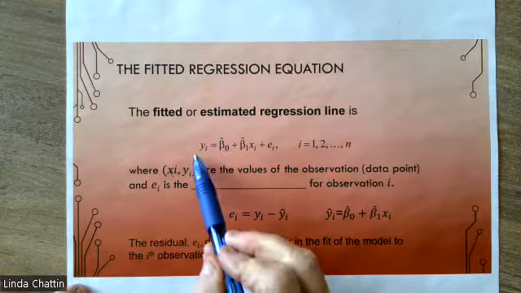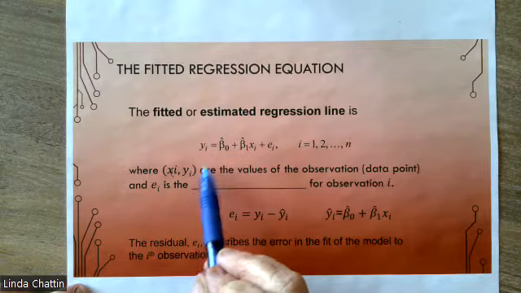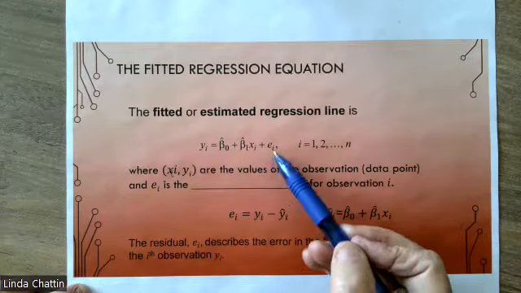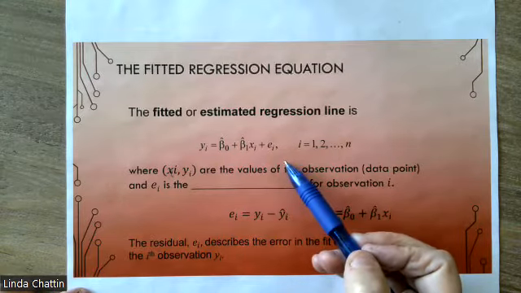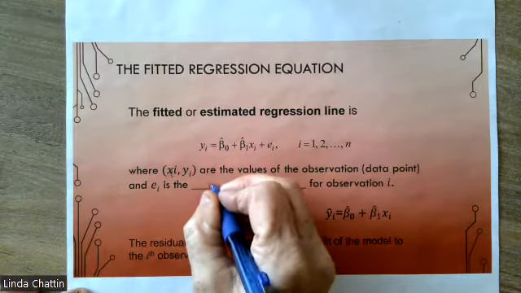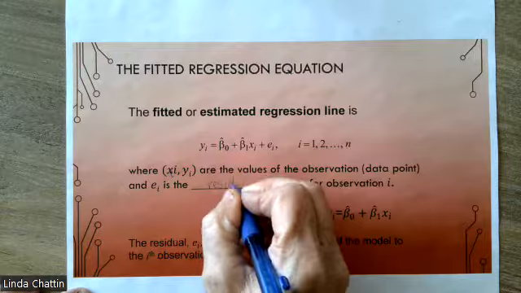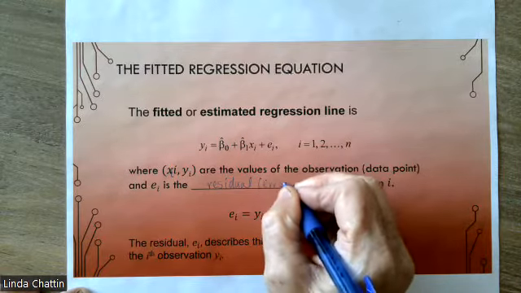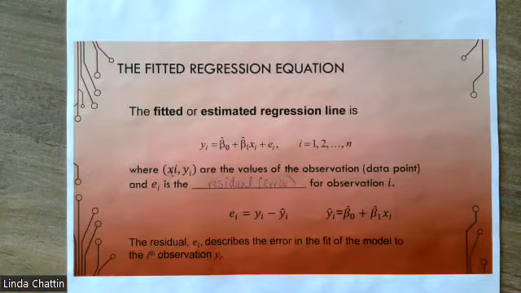And when I punch those into this equation, once I figure out what beta naught hat and beta 1 hat are, they're not necessarily going to be perfectly equal. So ei is what we call a residual, R-E-S-I-D-U-A-L. You can also think of it as the error, but I'll refer to it as the residual for any particular observation.